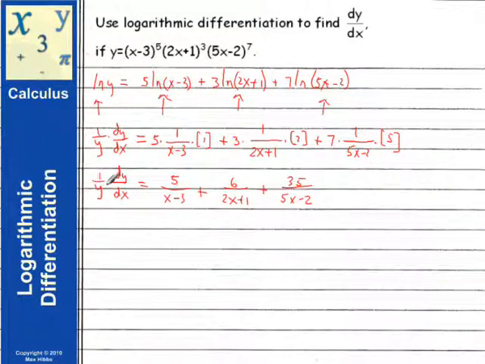Now we multiply both sides by y, and when we multiply on the left by y, we're left with dy dx, which is what we're looking for. And then that's y times the sum of fractions. Oops, that's 35 over 5x minus 2.